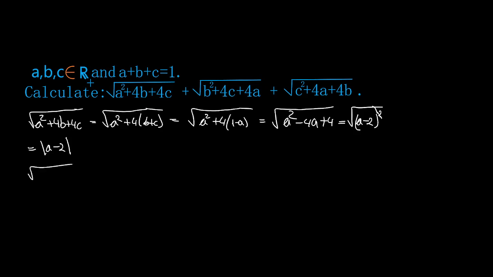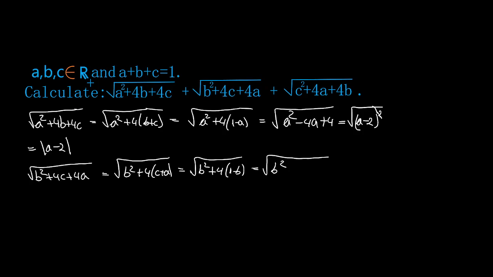The square root of b squared plus 4c plus 4a. As you know, we have the square root of b squared plus 4 times a plus c, which is just 1 minus b.